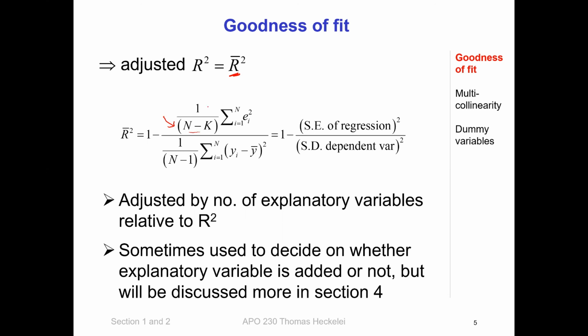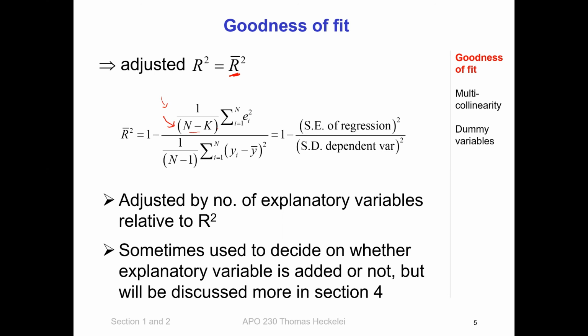And then consequently, the whole term 1 over n minus k will become larger. And then 1 over n minus k times the sum of squared residuals will become larger. But then it belongs to a subtracted term. Therefore, your R-square will get smaller if you have more variables, right? So therefore, it is adjusted by the number of explanatory variables relative to the R-square.